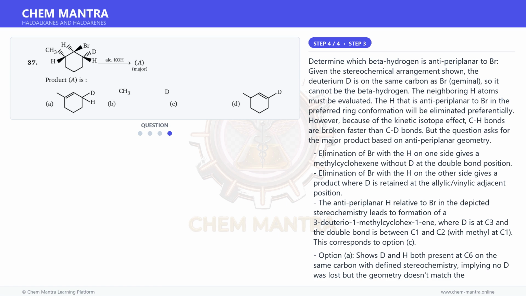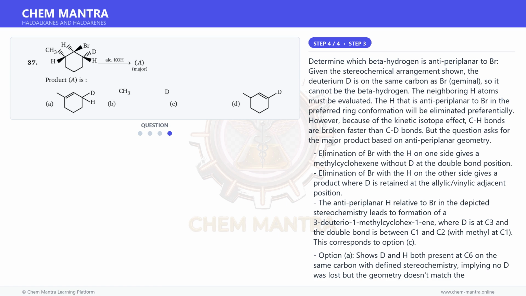This would require C-D bond breaking, which is slower due to the kinetic isotope effect, so it is not the major product. Option D places methyl and D on different carbons in a pattern inconsistent with the regiochemistry expected from this elimination. The anti-periplanar requirement selects the H, not D, that is anti to Br, and due to the kinetic isotope effect, D is retained.